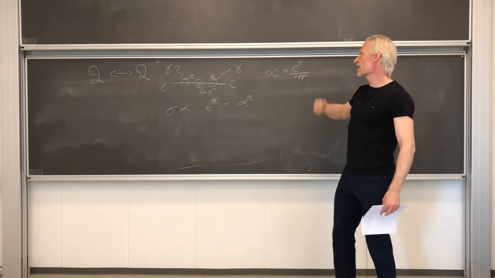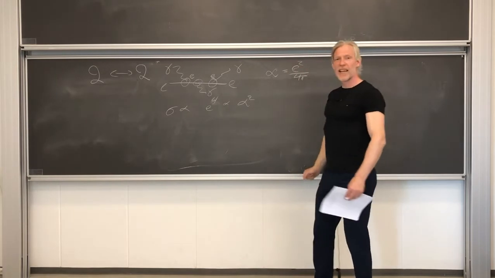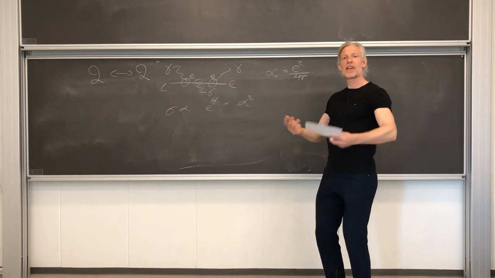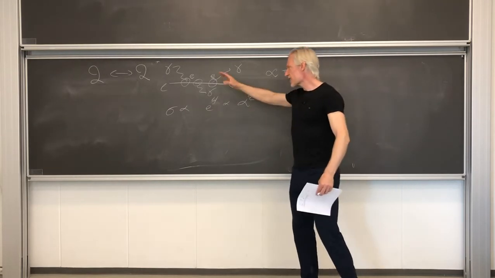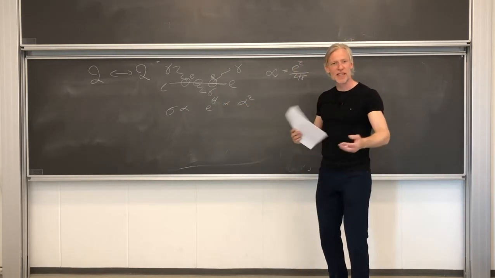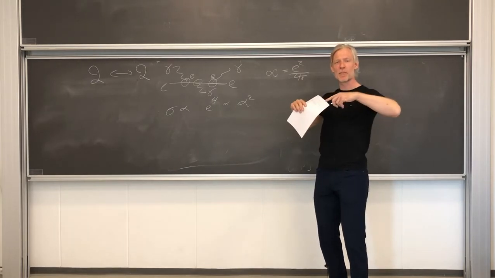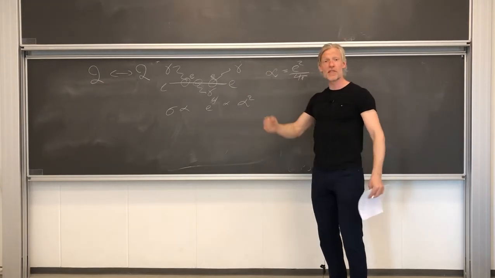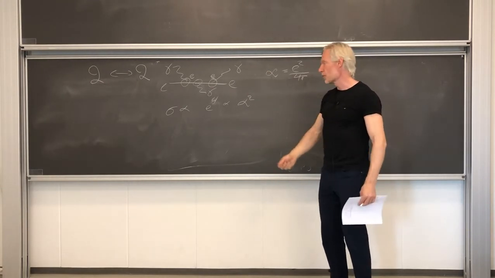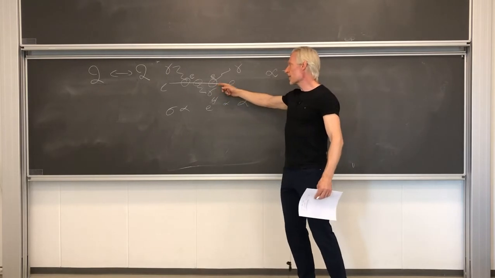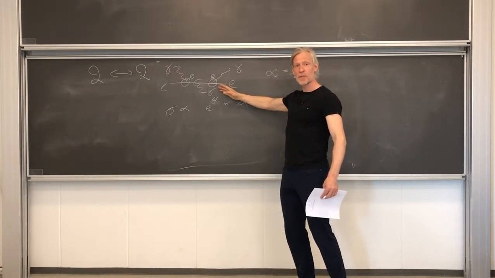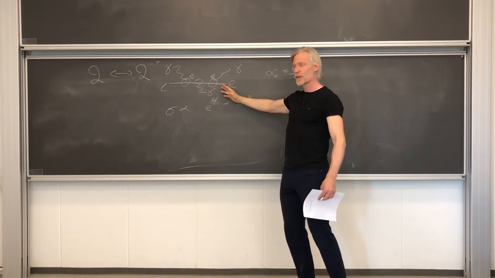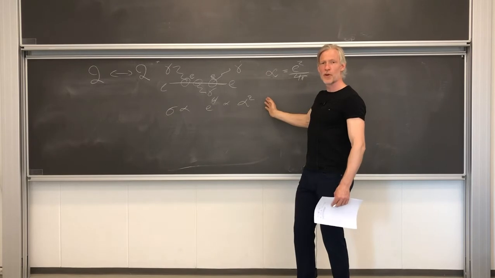That means that every time I attach more legs, either internally or externally, to such a process, I make it more unlikely. So unless there are symmetries or whatever that forbid a certain order of the process, and then I need to go one order higher, the lowest order process is always dominant, no matter what I do. And therefore, to some approximation, which is typically very good because we're looking at weakly interacting particles, not strongly interacting particles, I can stick to the lowest order processes.